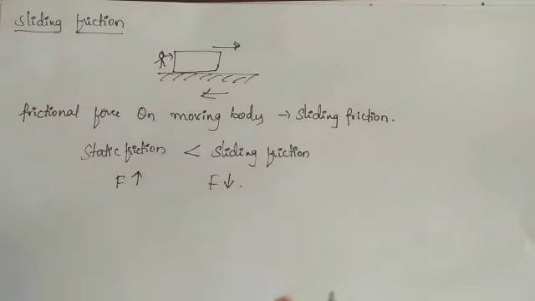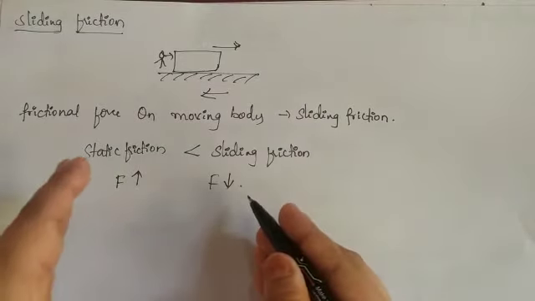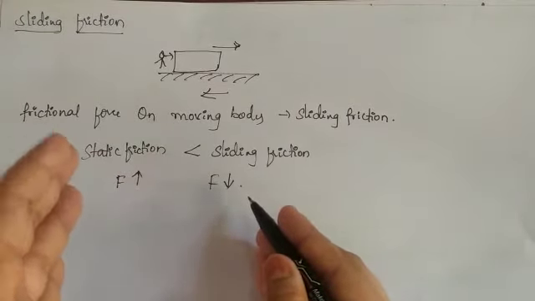Why? Because to change from rest position to motion, we have to apply more force in the case of static friction. If the object is already in motion, then the force applied for that object to continue in motion will be less compared to the force applied in static friction.